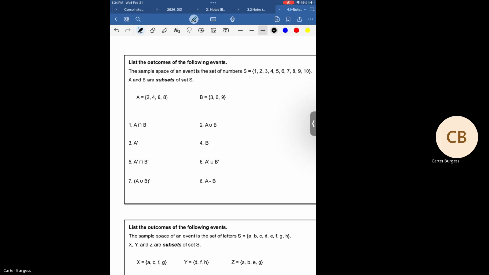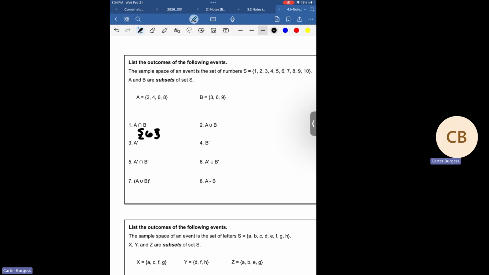So for instance, looking at number one, if I'm trying to figure out the intersection between set A and set B, what is shared between those sets? The number 6 is shared between those sets. Therefore, the intersection is just the number 6, which is also a set. It's just a set that contains a single element.